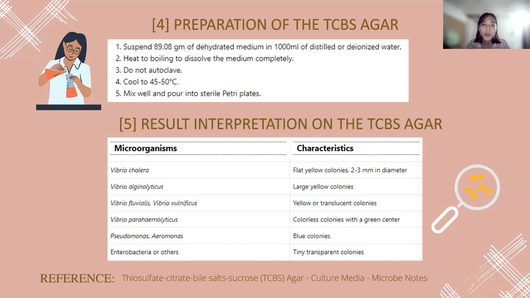So for instance, you have Vibrio cholerae in your agar. The characteristic of those species is that they form flat yellow colonies, 2 to 3 millimeters in diameter.